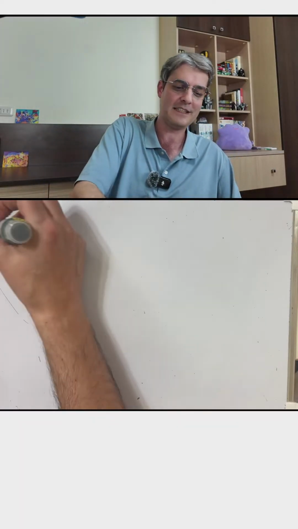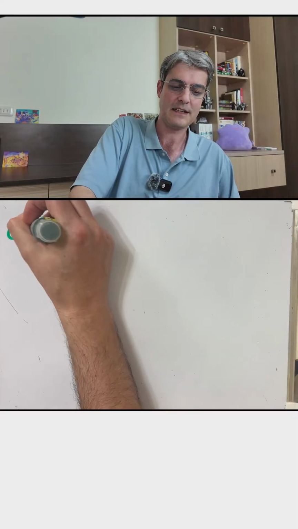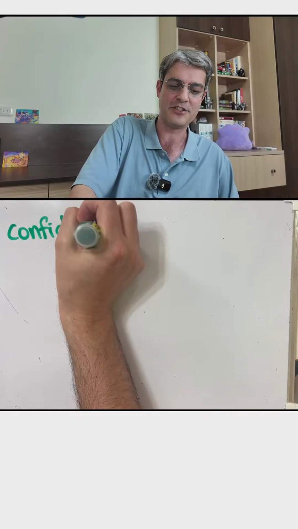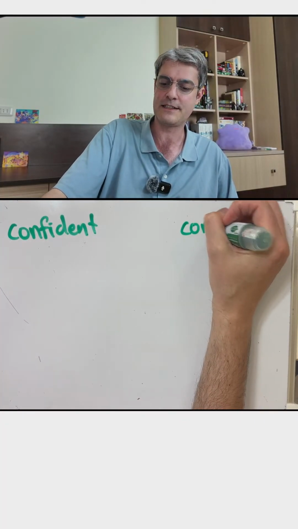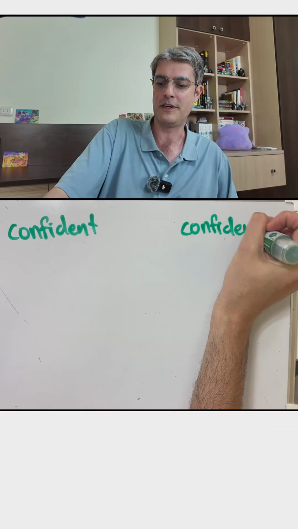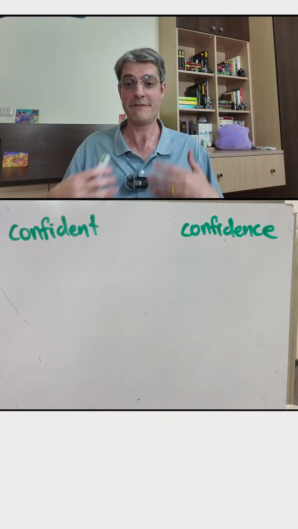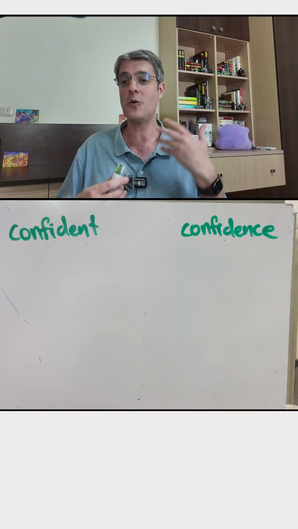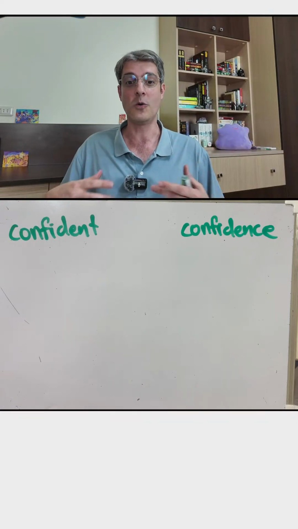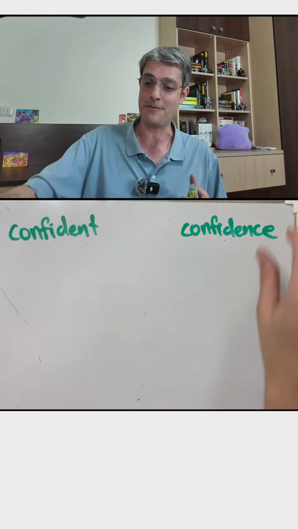Now we're getting into a good one here. We have confident, our adjective, and confidence, our noun. All right, so this just means to be sure, feel sure about your ability, or to believe in yourself, or to believe in someone or something.